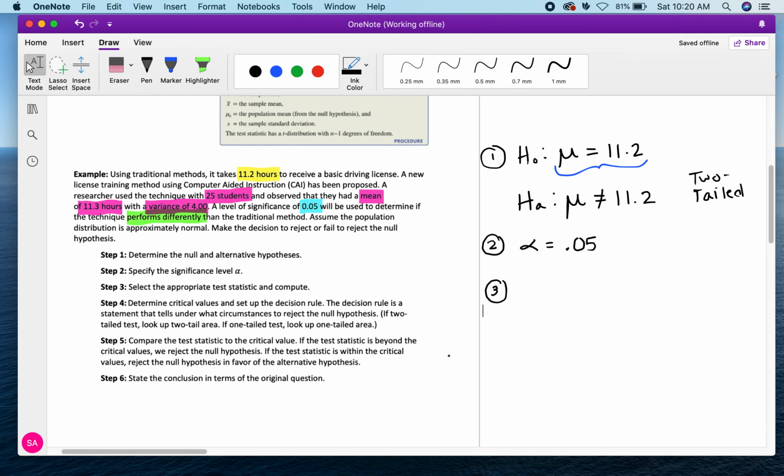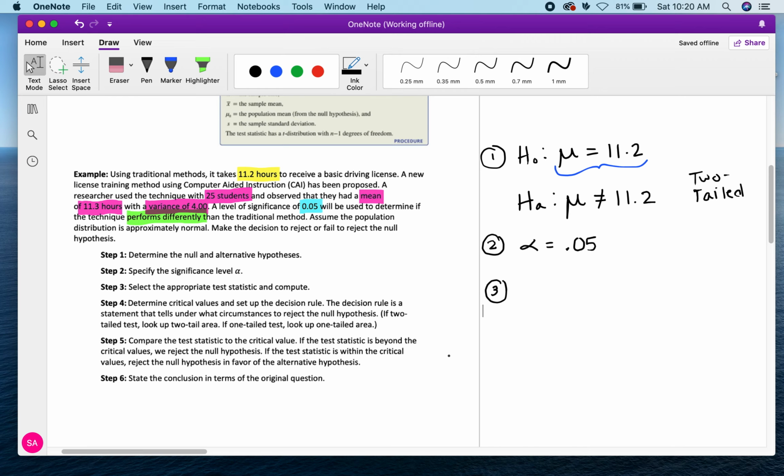Step 3, select the appropriate test statistic and compute. So, when you get to the final exam, we're going to be giving you both hypothesis testing problems where we have the Z and the T, and you have to be able to figure out whether to use the Z or the T, right?